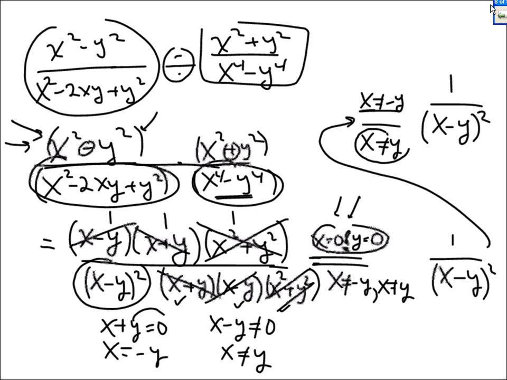Remember, if x can't equal y, well then they both can't equal 0. This is redundant saying this. If x can't equal y, well then x can be 3 and y can be 3 at the same time. X and y can both be negative 7. In particular, x and y cannot both equal 0. Okay, and here it is. That's what you get.